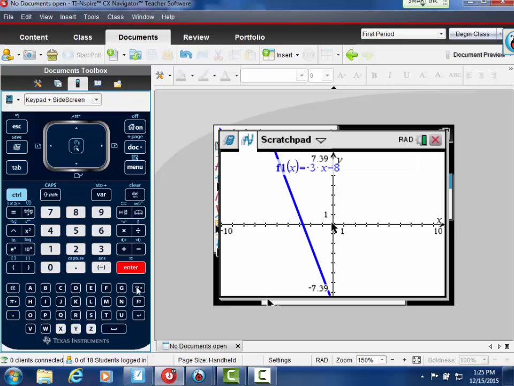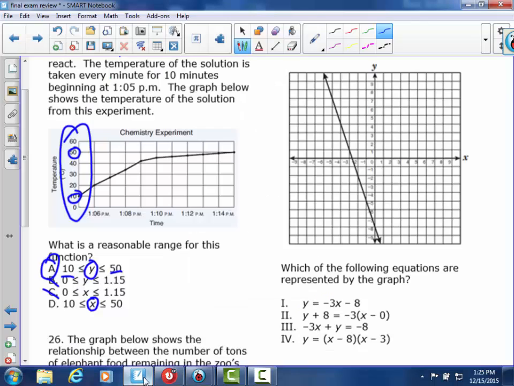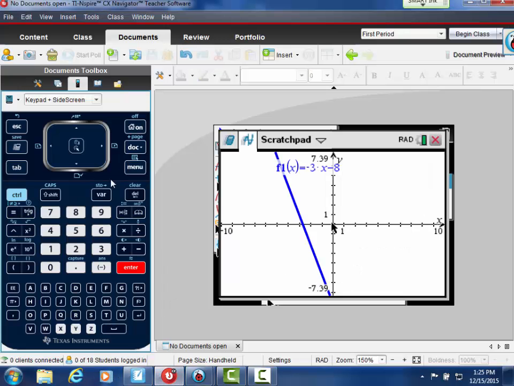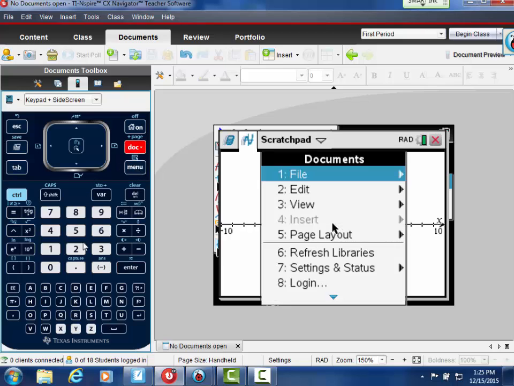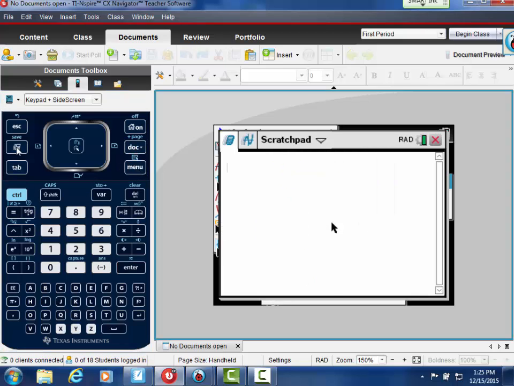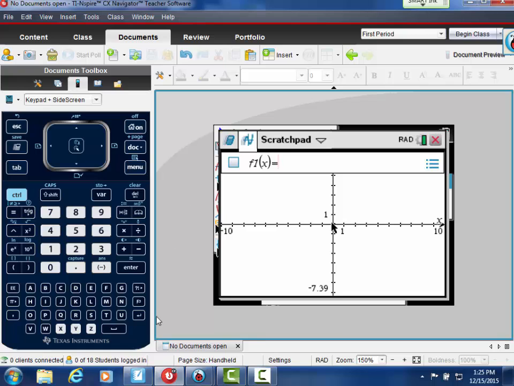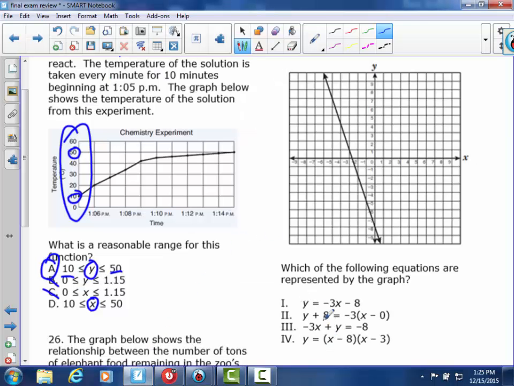We hit enter. We check it. It's going through at the right places. It's the right graph. Okay, so then we go back to our calculator. We can do another doc B. Hit graph. The next equation, okay, I can't put it in because of the plus 8, but if I were to remove the plus 8 to the other side, now I can totally type it in my calculator.